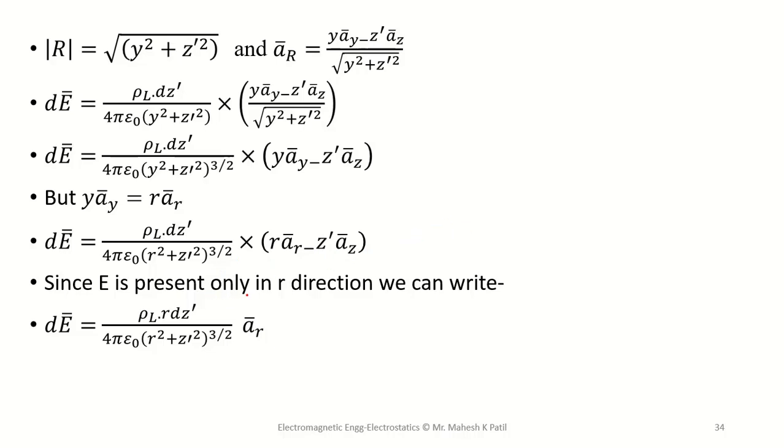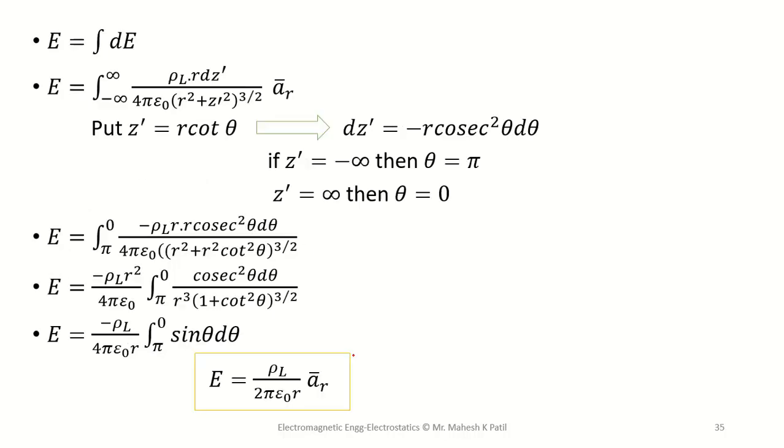Now since E is present only in the r direction, we can write only the r component from this entire expression, because the z component is going to cancel. Therefore, we'll rewrite this equation. So dE bar equal to rho L r dz dash upon 4 pi epsilon naught, r square plus z dash square raised to 3 by 2, a r bar. Now this is the elemental electric field intensity.